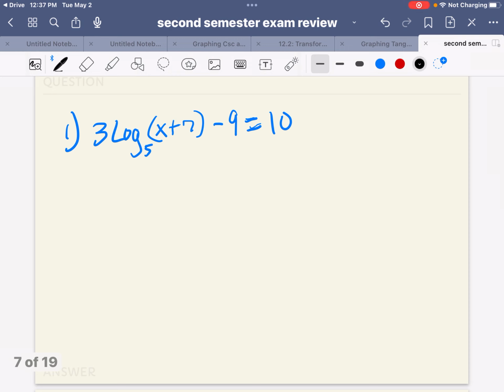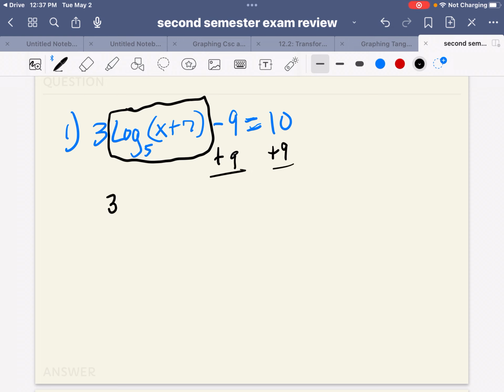Solve this equation: 3 times log base 5 of x plus 7 minus 9 equals 10. Okay, so this time, isolate the logarithm tells me that I've got to do something with that minus 9 and the times 3. So I think I'll add 9 to both sides.